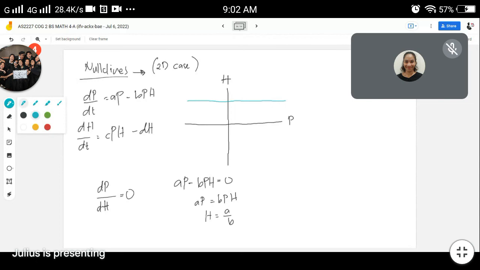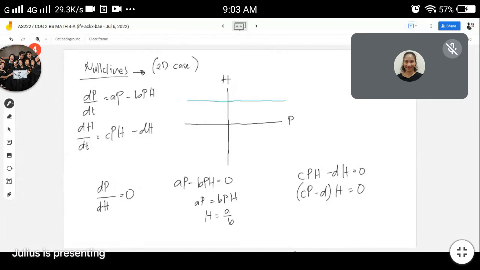Okay. And then, let's have this second equation. Ato sa na siyang equate to 0. So, we'll have CPH minus DH equals 0. So, in terms of H, gihapon ta ha. So, we will have CP minus D times H equals 0. Okay, I'm not sure kung saan.